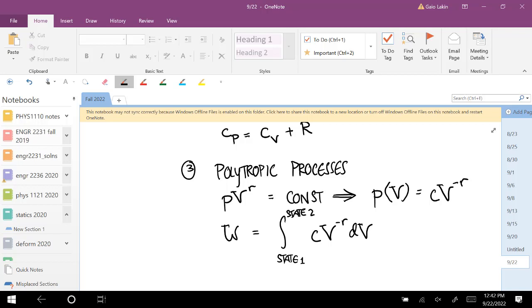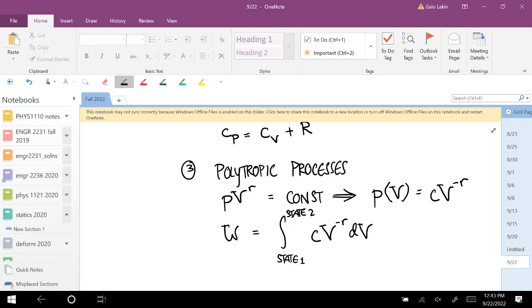Quick question. What kind of examples do we see polytropic processes in? Using the ideal gas law. Yeah, well, I can't think of any examples offhand, I can get you some, but the ideal gas law is actually a polytropic process in the case of no temperature change.